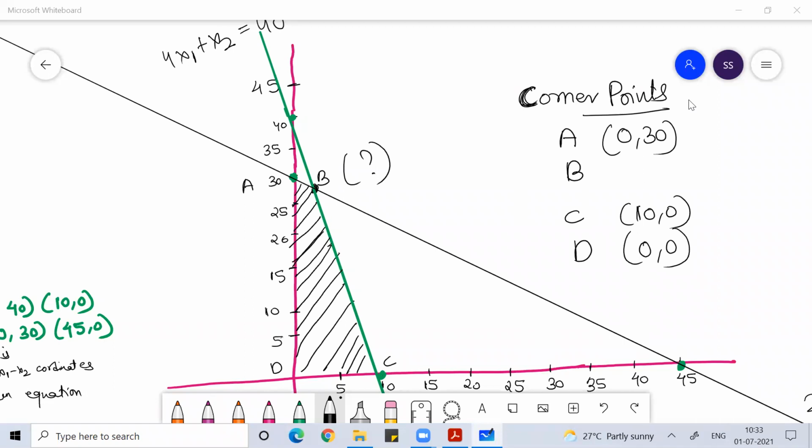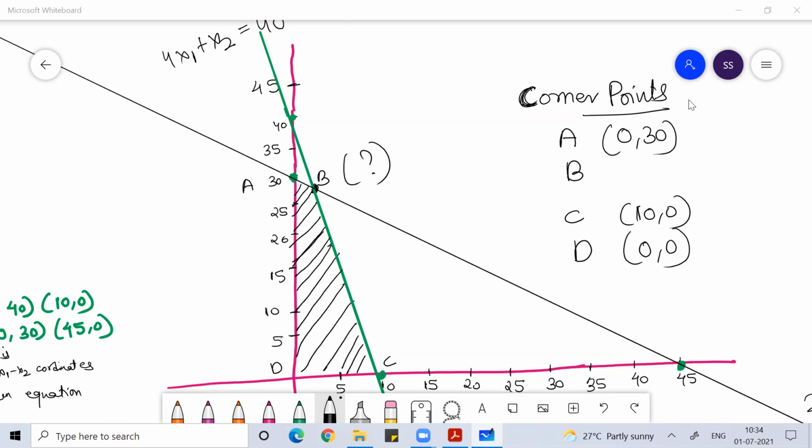Normally, always remember, in the graphical method, your answer always lies at the point which gives you the answer. As per my experience, that is always the point where the lines are intersecting.